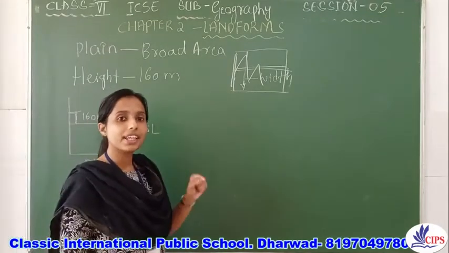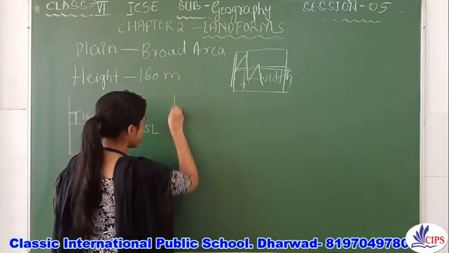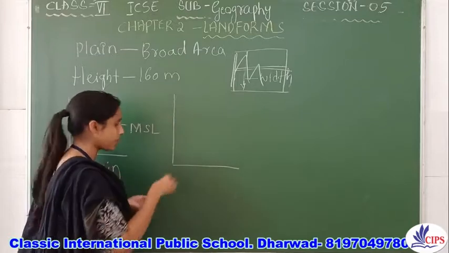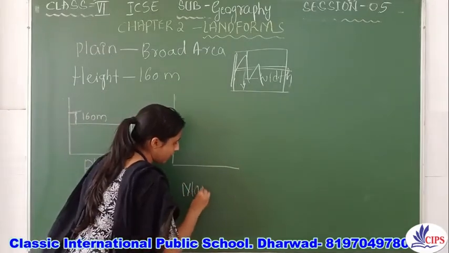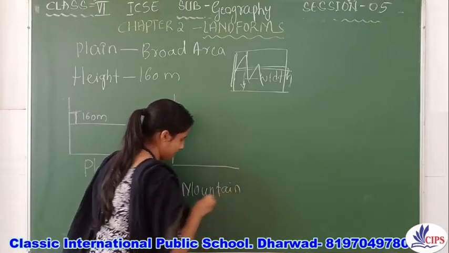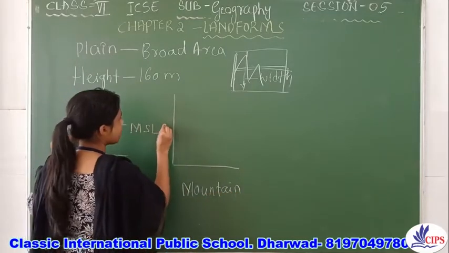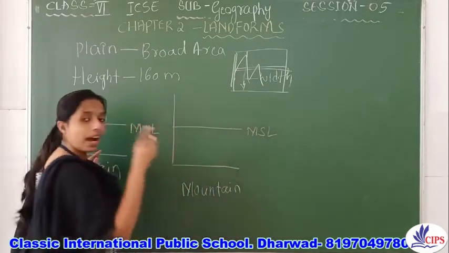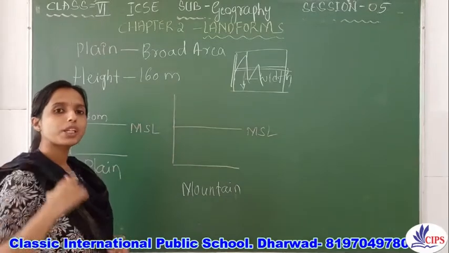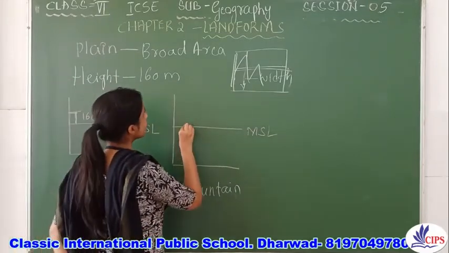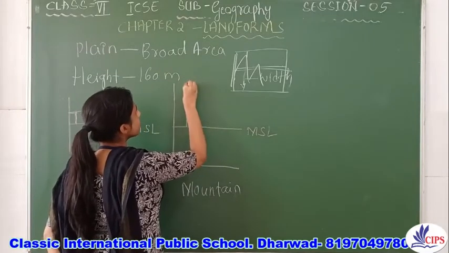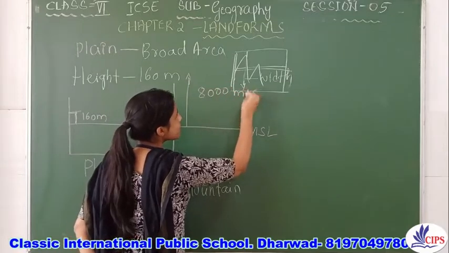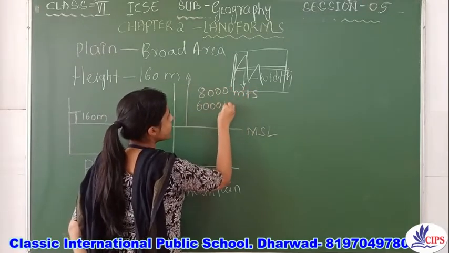To get a better clarity, I'll show you now a mountain or a hill. What is the height of a hill or a mountain? Again, let me take the same mean sea level. From the mean sea level, usually the height of the mountain will be 8,000 meters or 6,000 meters on average.